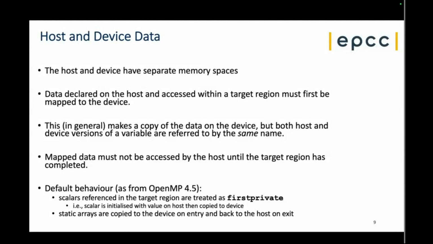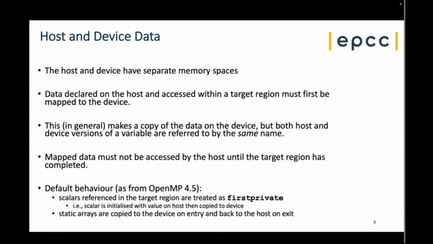So essentially, it will create a private copy for each of the threads and will initialize it, which is what you want to do most of the time. For other variables, there are other default behaviors for mapping from the host to the device. Unfortunately, while it often does a good job, it doesn't always.